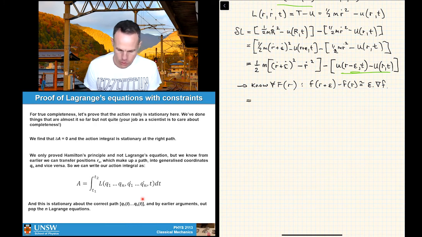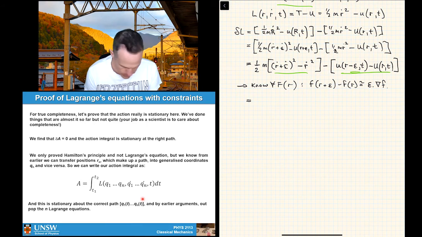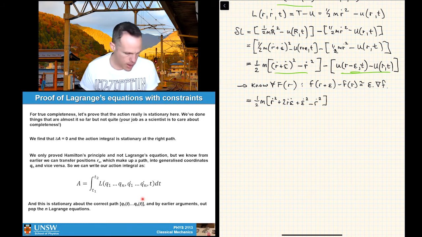What we're also going to do is expand this out. So we've got a half m times (r dot squared plus 2 r dot epsilon dot plus epsilon dot squared minus r dot squared). That's the expansion there.